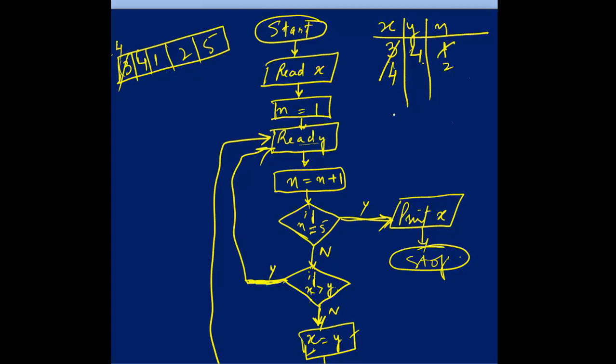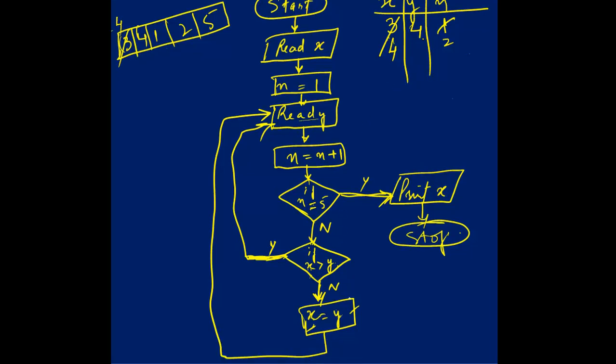Now if I move forward, I have to go here and read again the value of y. Whatever the next value is, that is 1, I have to assign it to y. So whatever value y had earlier will get replaced with the new value, that is 1.